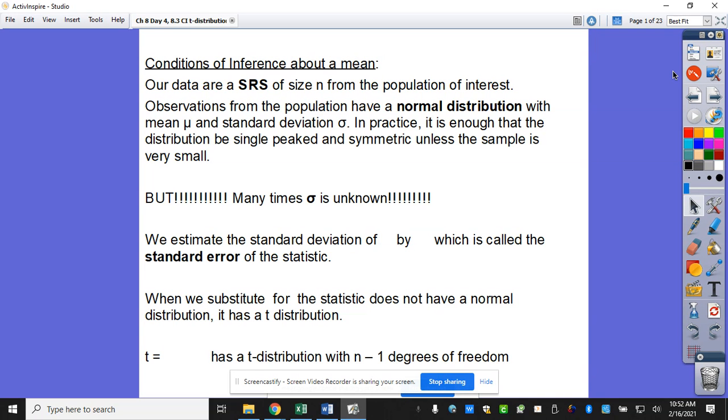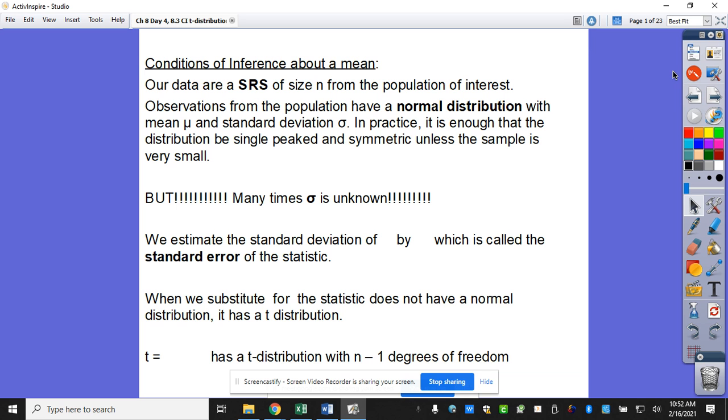So we've talked about generally the fact that it seems kind of weird that I would know the population standard deviation, but not know the population mean. That should seem kind of strange. That probably realistically wouldn't happen very often.